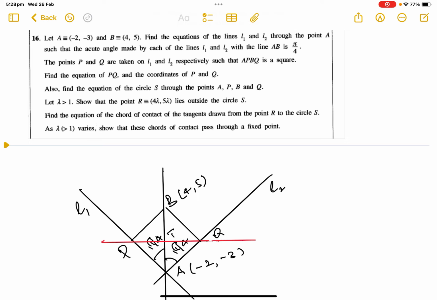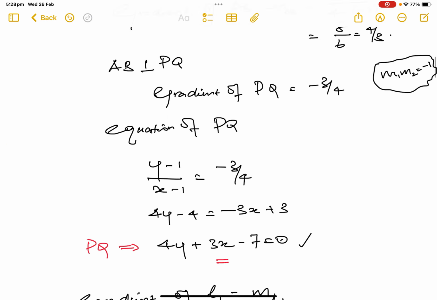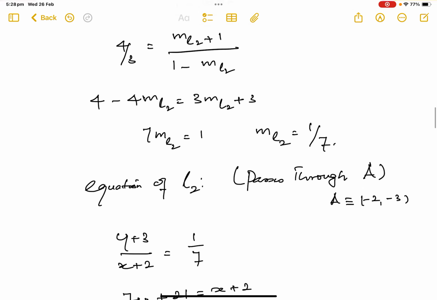As lambda greater than 1, right, I just missed the part, circle through the S point. Okay, so the equation of the circle is found. In the next line, let lambda be greater than 1. Show that the point R, 4 lambda, 5 lambda lies outside the circle.